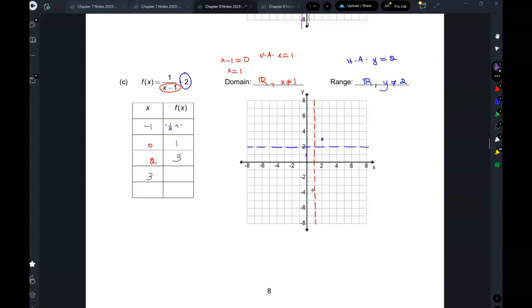Negative a half plus 2, so that's 1.5. And then if it's 3, 2.5. Okay, so now it's going to look like this. All right?